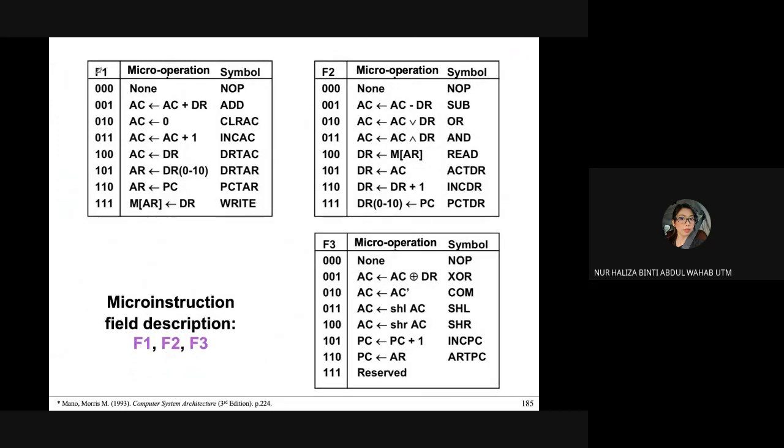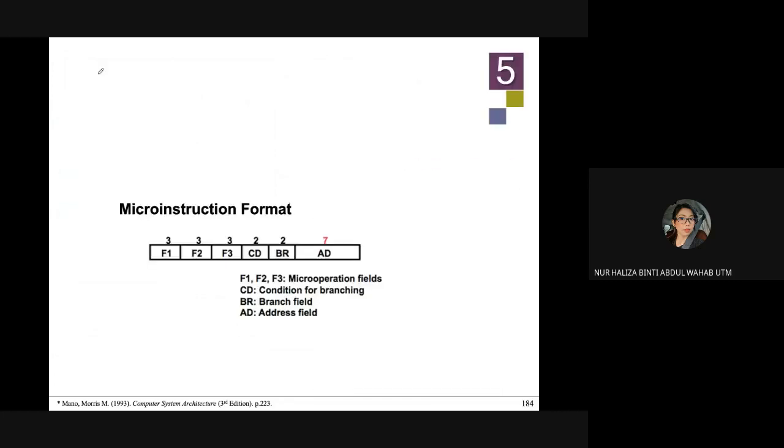Like this one, if you have 3 bits, you're going to put how many possibilities, 2 to the power of n. This n will be the value of bits, right? So your possibility is how many operations that you have in F1.